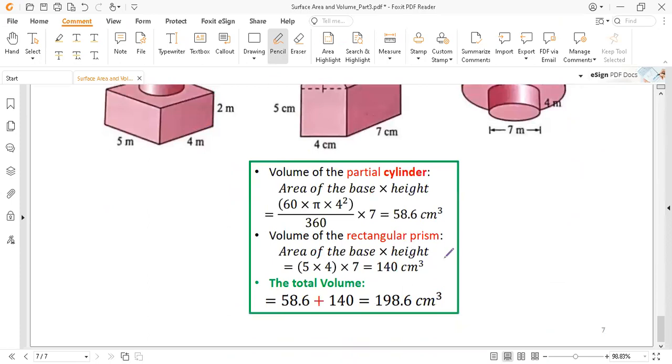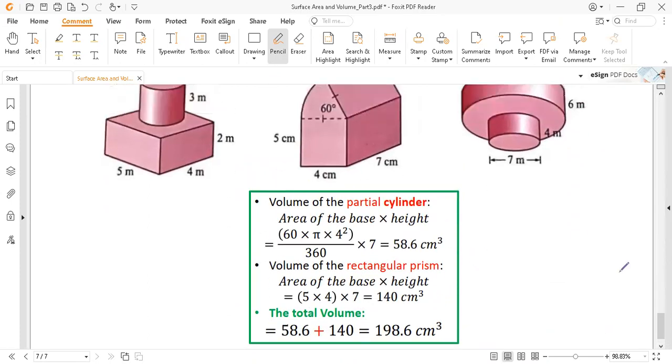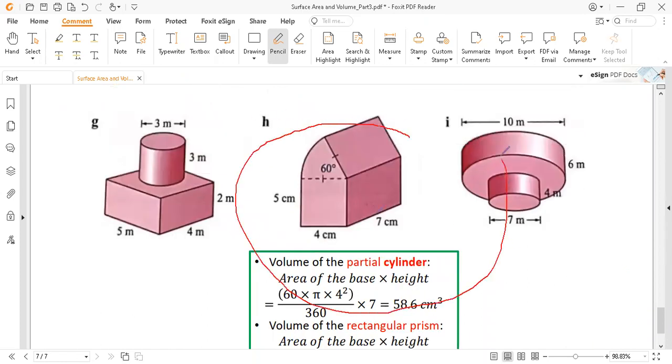Moving on to the final example, an interesting one. We have this strange composite solid. First of all, we can decompose it in our imagination into a rectangular prism, which is in the bottom, and we have a sector, like a portion of a cylinder.